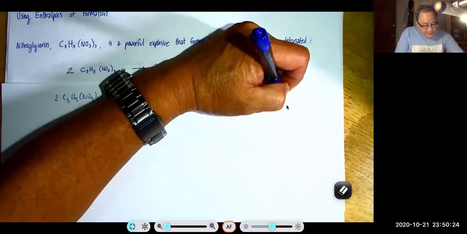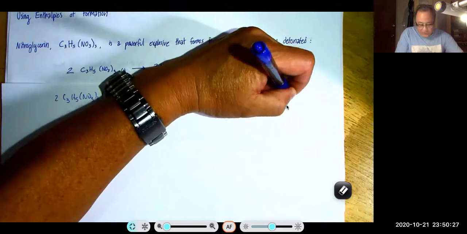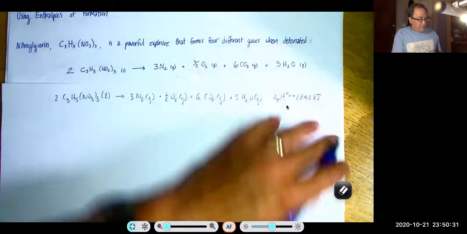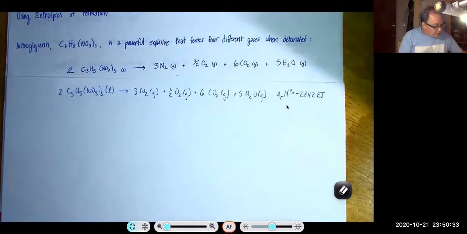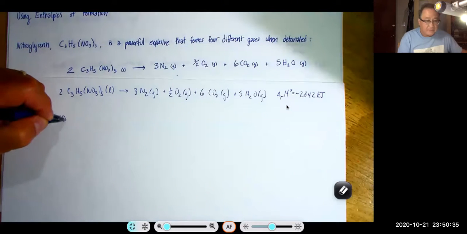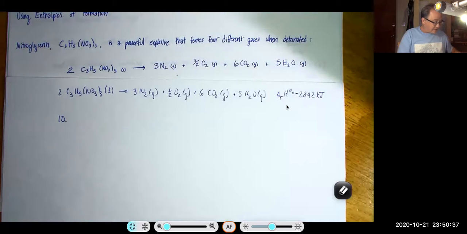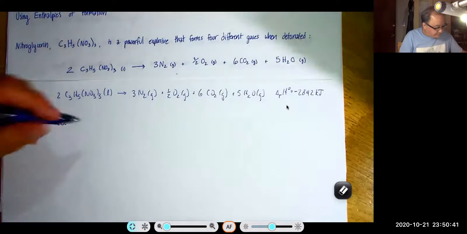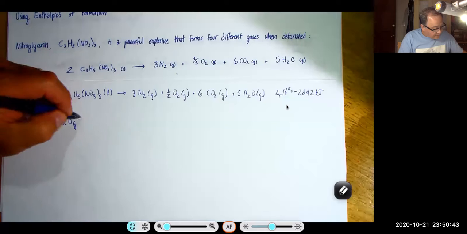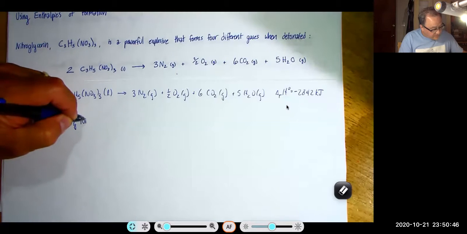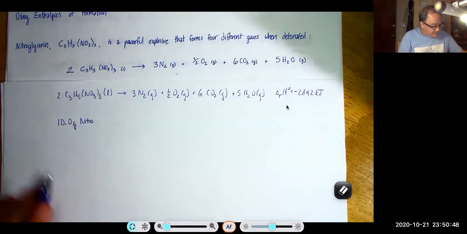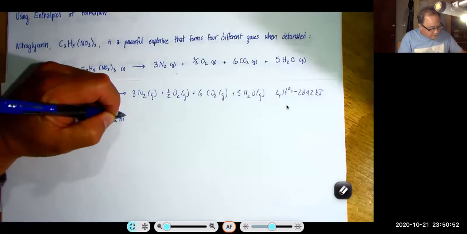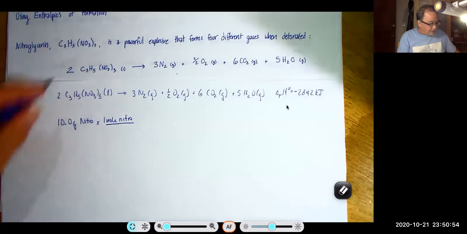The enthalpy of reaction is minus 2842 kilojoules per mole of reaction. So we're going to combust 10 grams of nitroglycerin. I'm going to put nitro, instead of writing that out, times 1 mole of nitro per, well, let's look at the molar mass here.